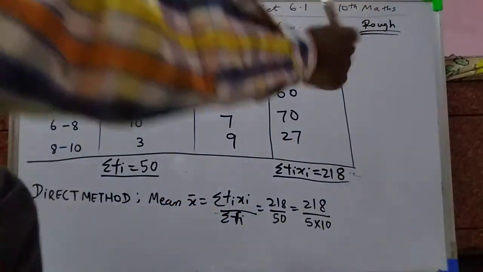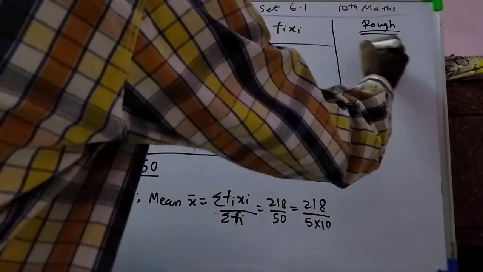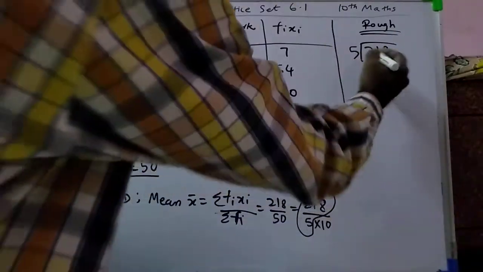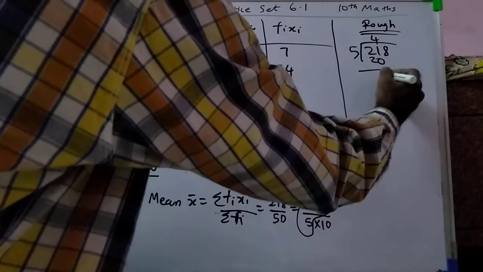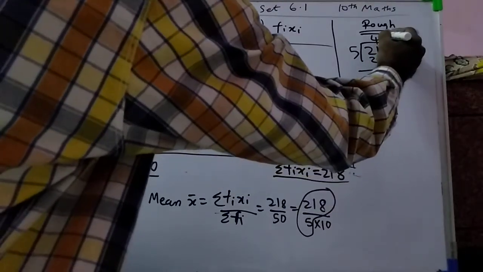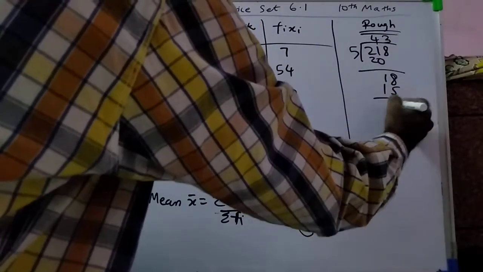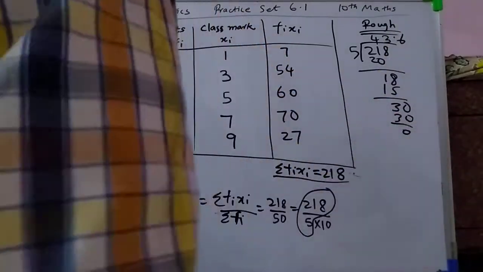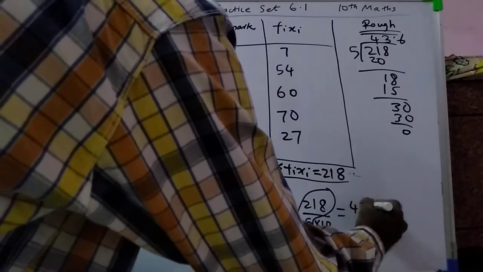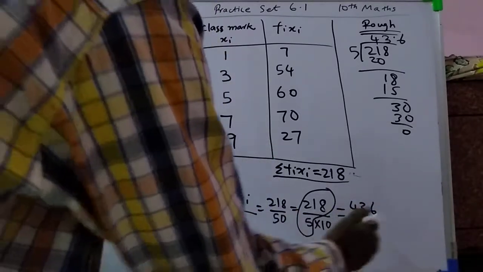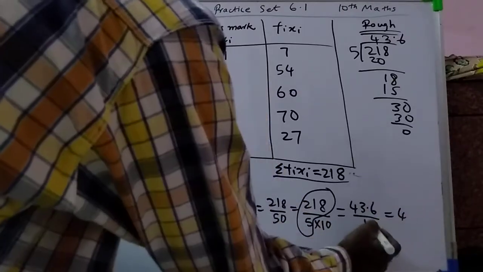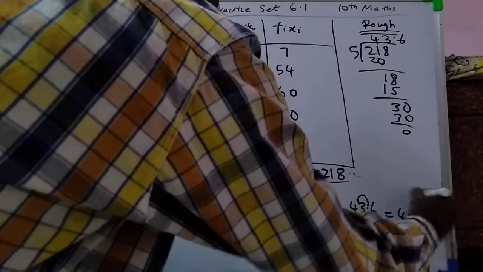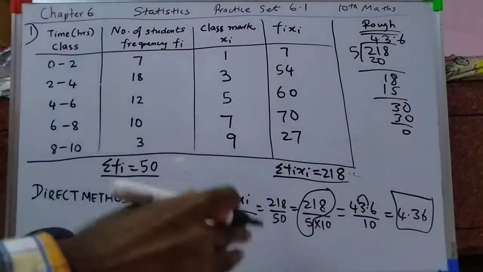Okay, 218 divided by 5, take point. So that will become 43.6 and this is remaining 10. So that will become, because the decimal point will shift here, 4.36. It is the final answer.